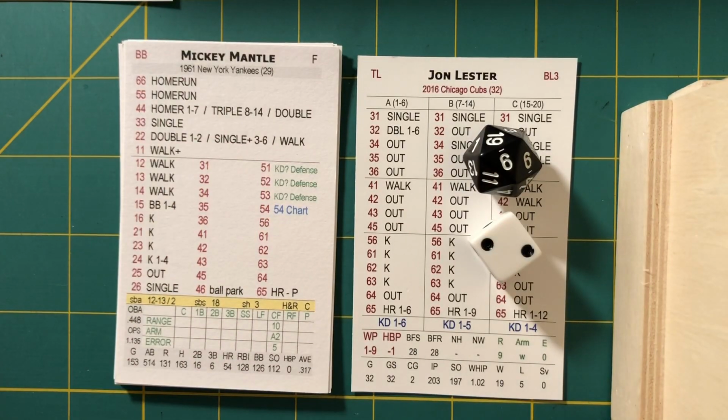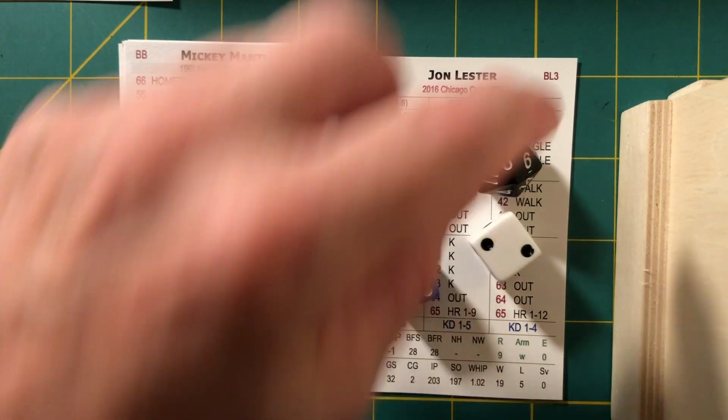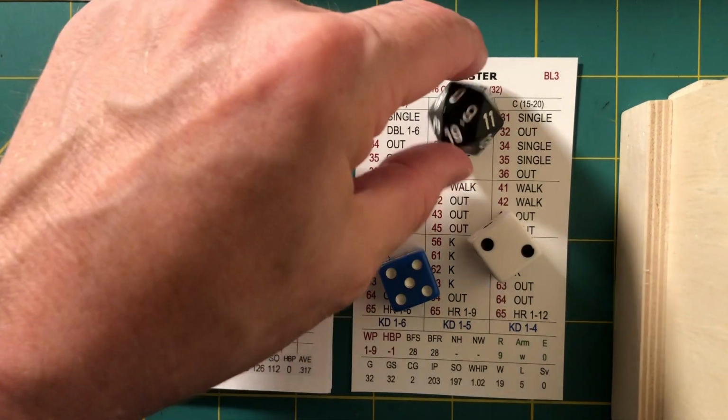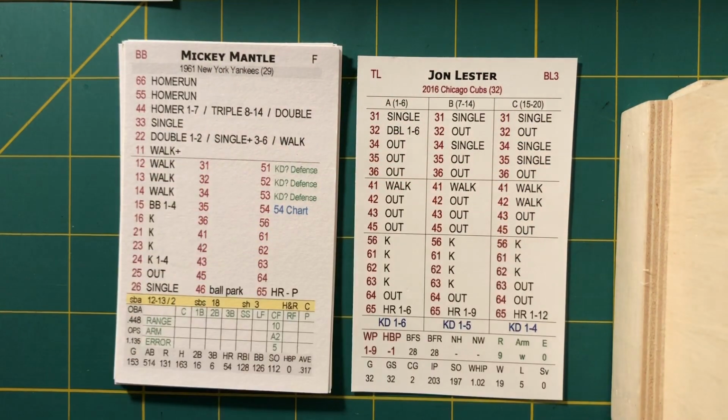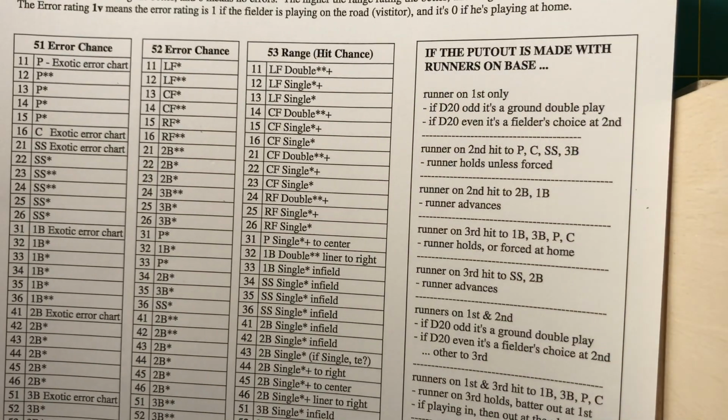Mantle walked in the first. Pitch to the Mick. 52. 9 is... hey, struck him out. No, it's not. I looked at the wrong thing. It's not in his strikeout zone, so we go to the 52 error column, rolling a bunch of them.